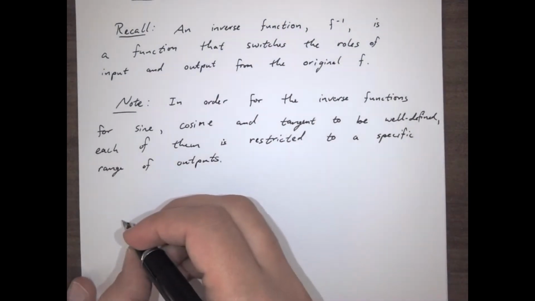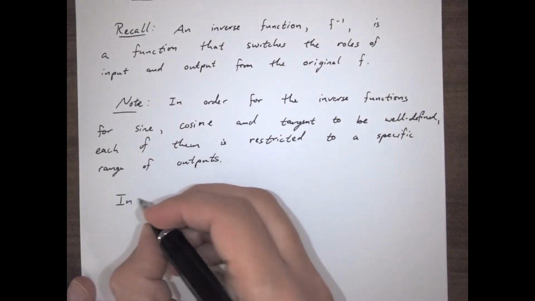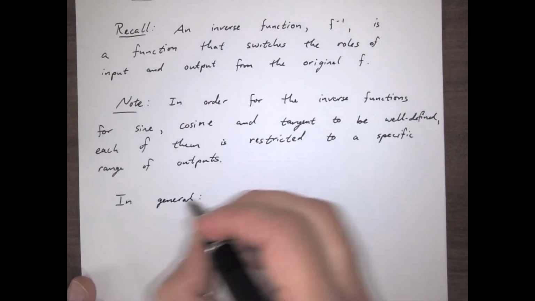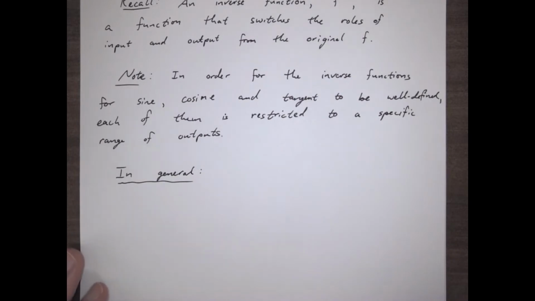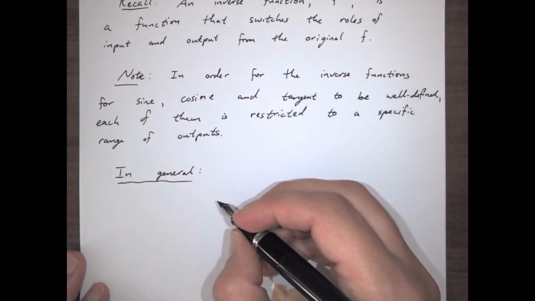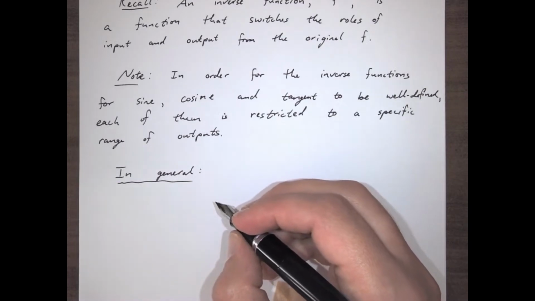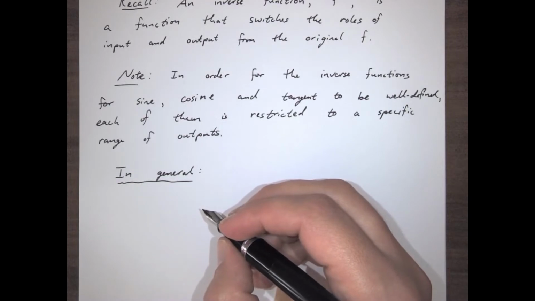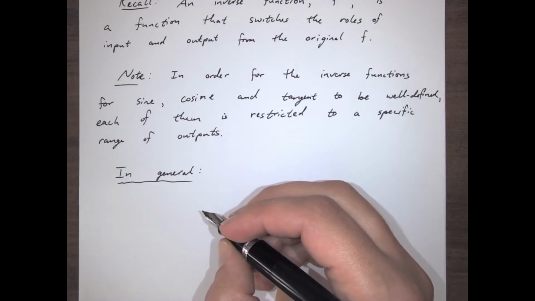Now the general layout, so in general, what's happening here is that we plug in now the value of a sine or a cosine or a tangent, and then this will give me the angle within the specified range that matches that value.